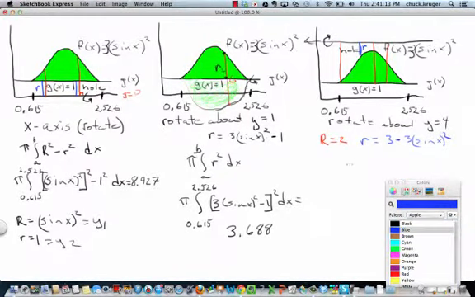Right? So now I'm going to set up the integral. And I'm going to have pi. And I'm going to integrate. I just thought of something. I'm hoping I'm having pi on all my problems. Otherwise I got to redo them.